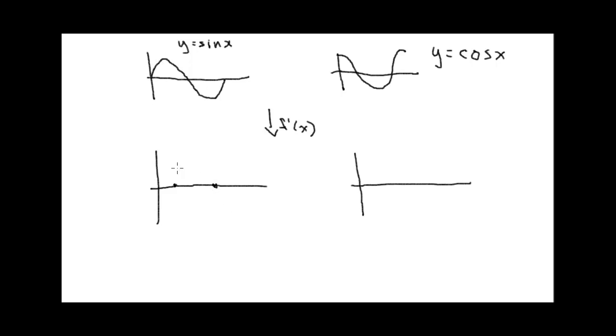So positive slope means I start in the positive region. And then negative slope, and I know it's cosx, so I'm just going to complete the graph. So dy by dx is equal to cosx.